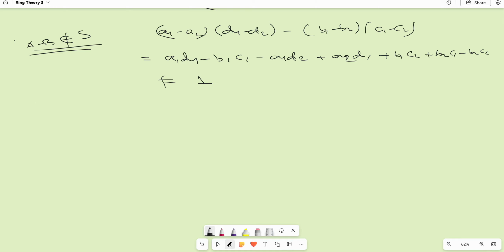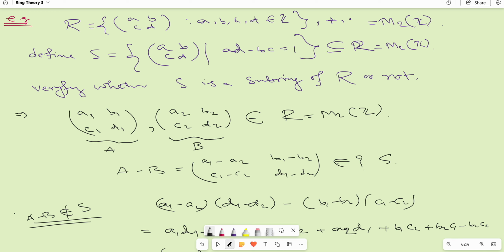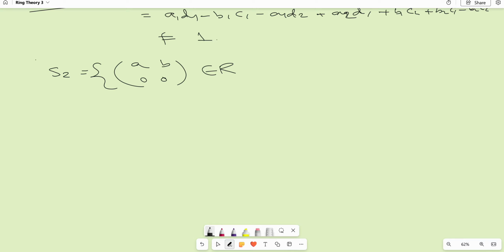Okay, this is not a subring. Let's check what can be a subring of R. Suppose I define S2, which is the set of matrices a b 0 0 inside R. Whatever R I have chosen, M2 over Z just earlier, I am choosing elements from here such that a, b are inside Z. Is S2 a subring of R?